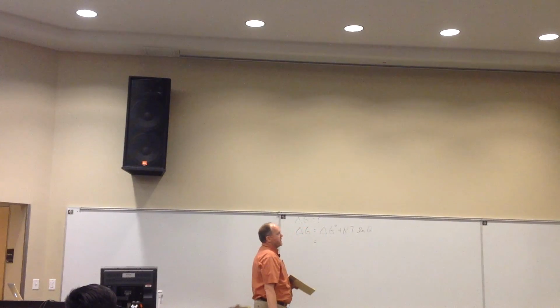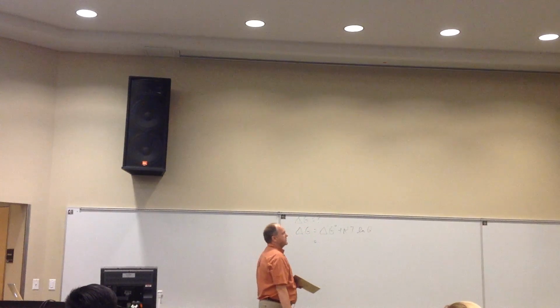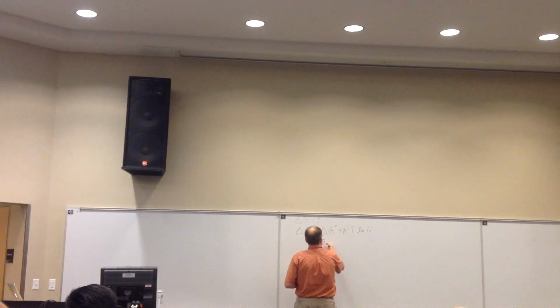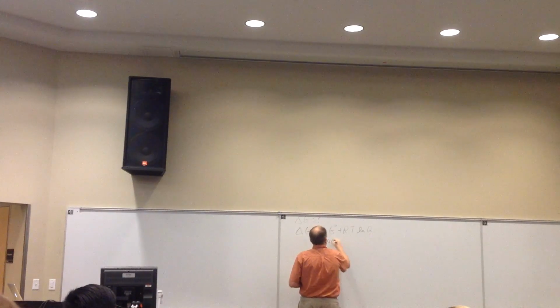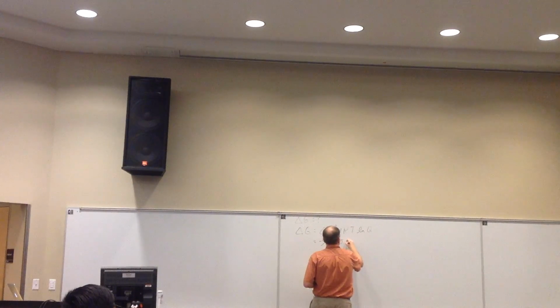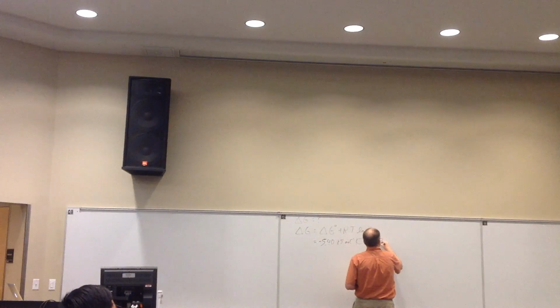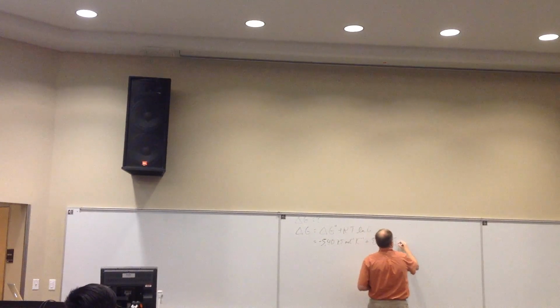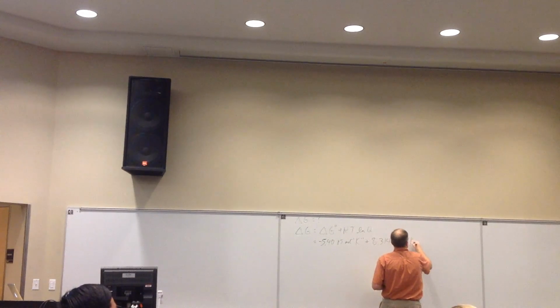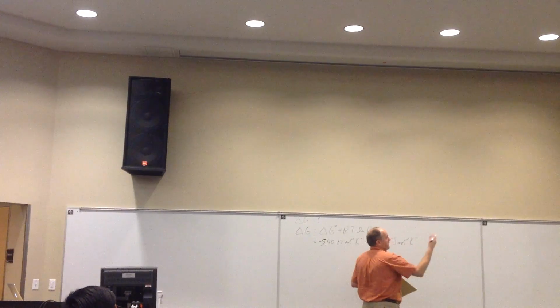Okay, I'm going to go ahead and, well, we'll leave this as kilojoules. Minus 5.40 kilojoules per mole, plus R is going to be 8.314 joule per mole per Kelvin.